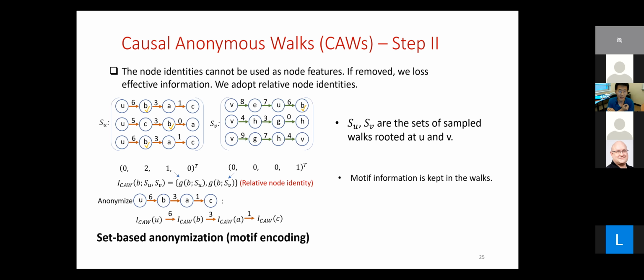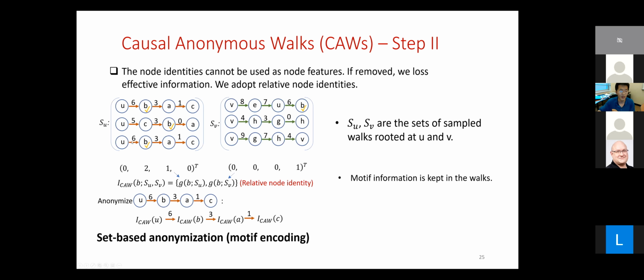The key idea here is we will replace the node identity by using something called relative node identity. You can view this relative node identity like the counts of how many times a certain node appears at a certain position in the sampled random walks. For example, for this B, we want to compute the relative node identity.